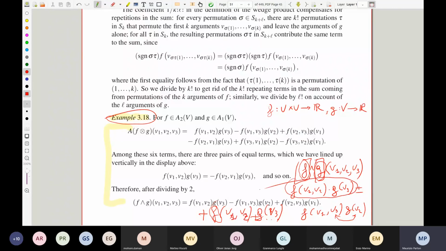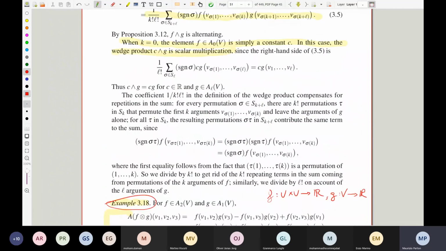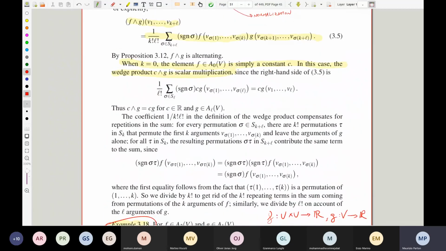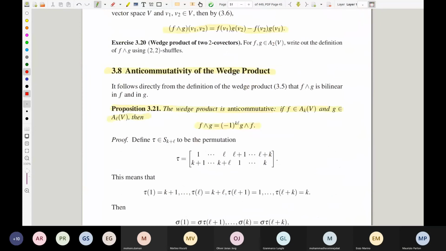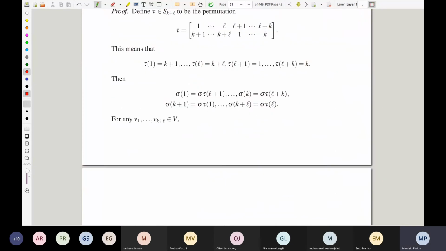So you will count it twice. This is the reason why in the actual definition you have this normalization factor. That 2 is 2 factorial, the number of possible permutations on 2 elements. This is anti-commutative.